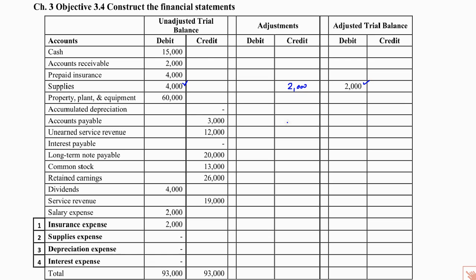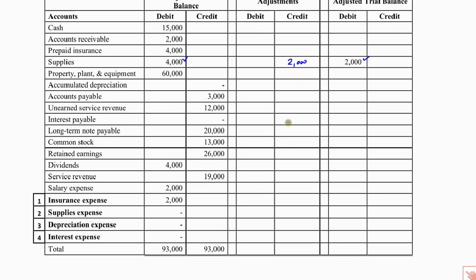Now, what I'm going to tell you with these adjustment columns, you have to have debits equal credits. So supplies is reduced and expense is increased. Supplies expense is increased. And we also have to do this revenue one here too.